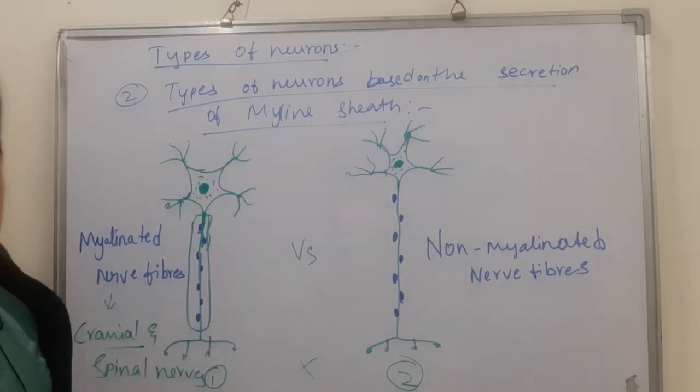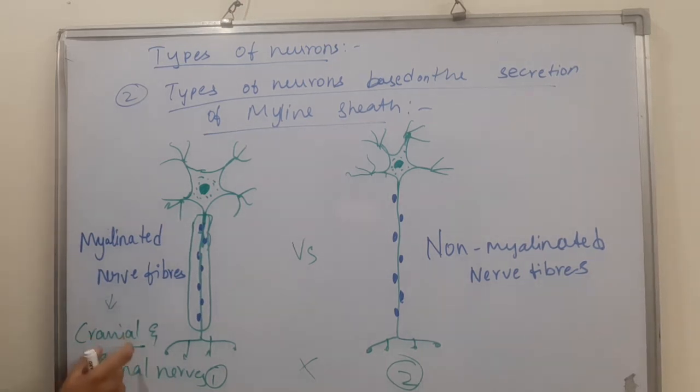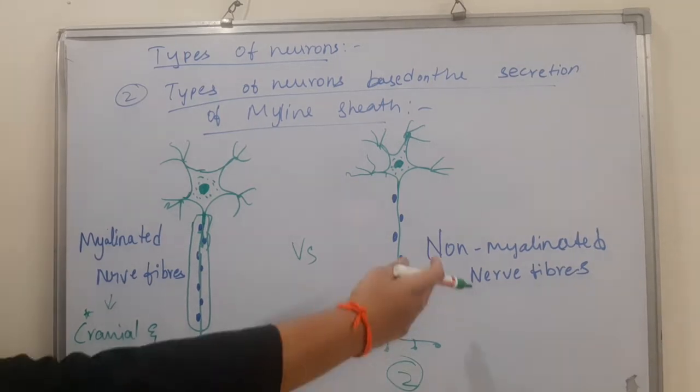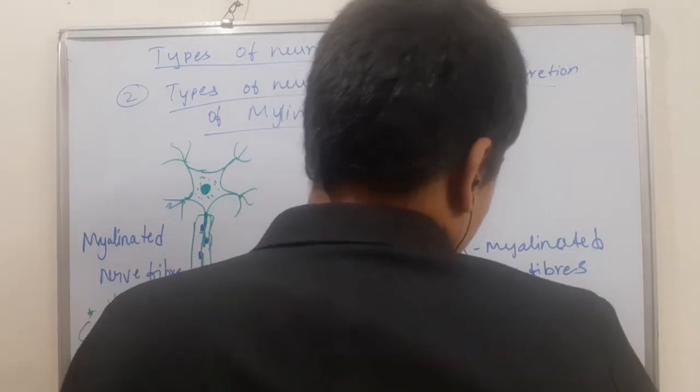Important, please remember. But non-myelinated nerve fibers are present in the autonomic nervous system.